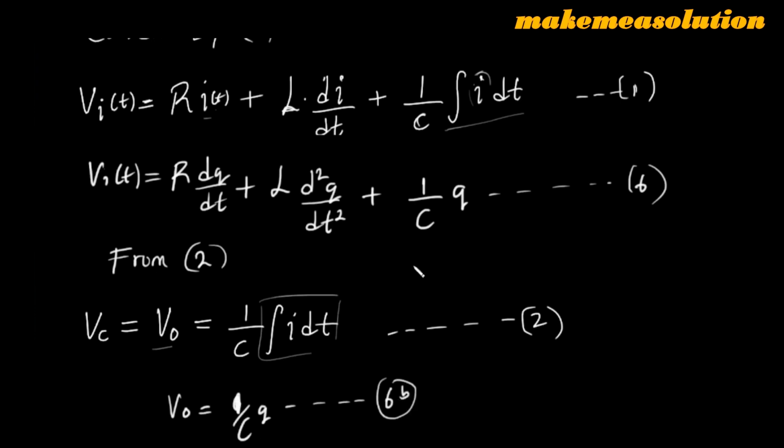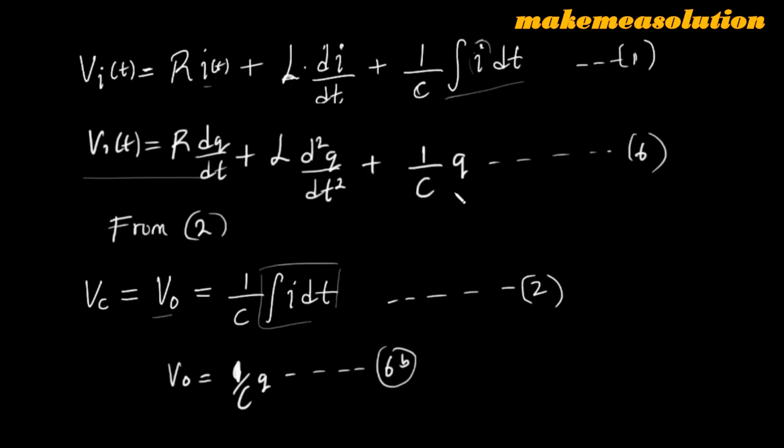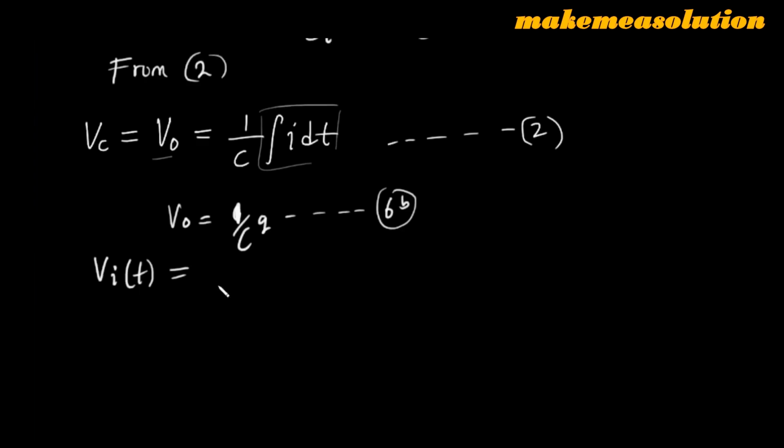So if you put equation 6b in this equation 6, what you will be left with is your vi of t in terms of charge will be R dq dt plus L d2q over dt squared.